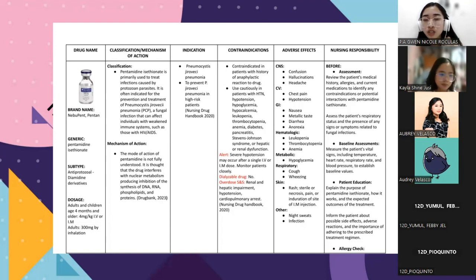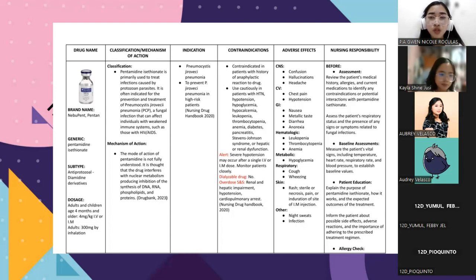So anorexia is an eating disorder that causes people to weigh less than is considered healthy for their age and height, usually excessive weight loss. So hematologic, leukopenia, it is an abnormal reduction of circulating white blood cells, especially the granulocytes. Thrombocytopenia, so it is a deficiency of platelets in the blood.